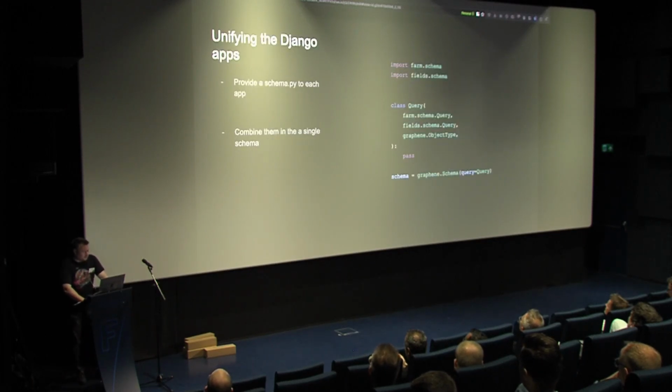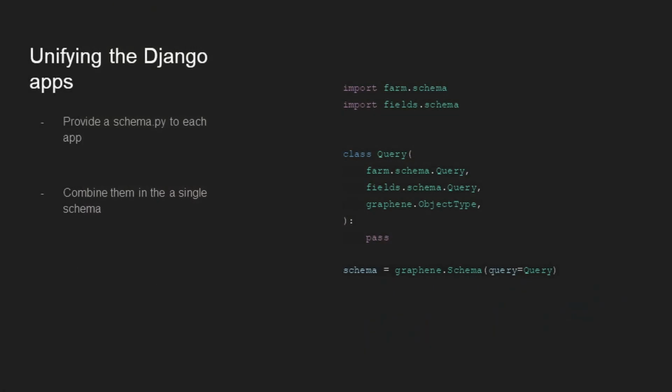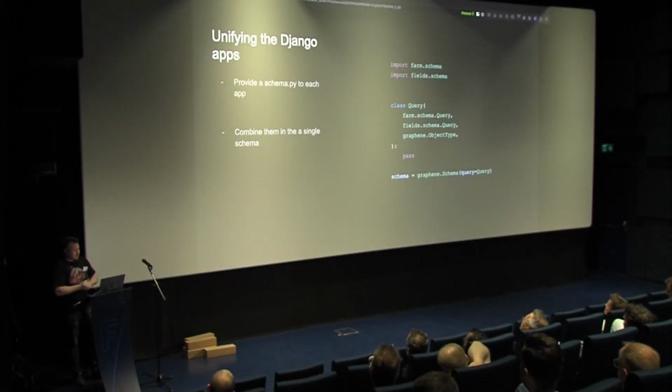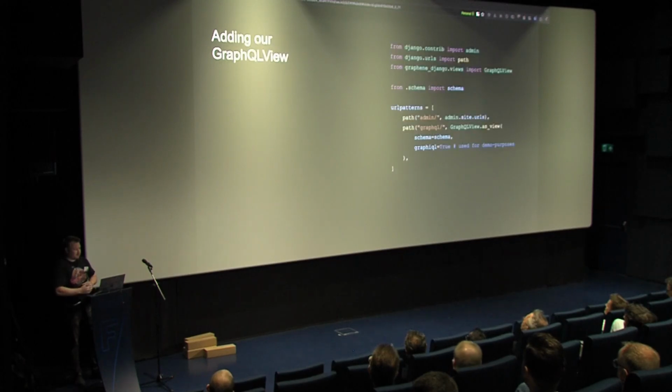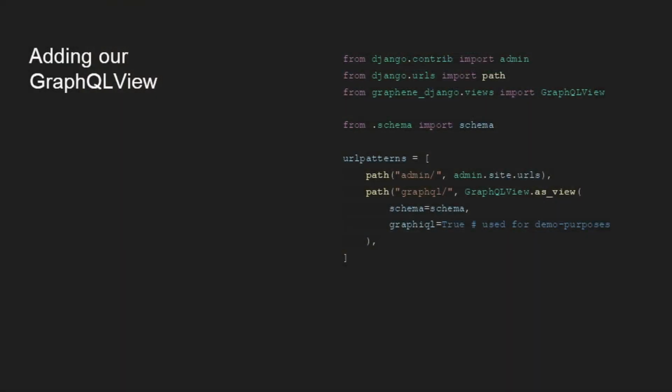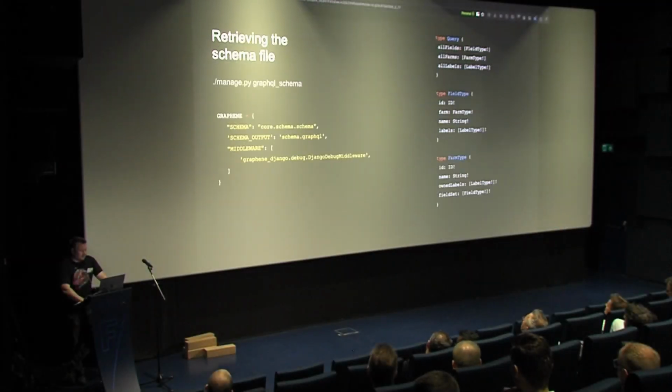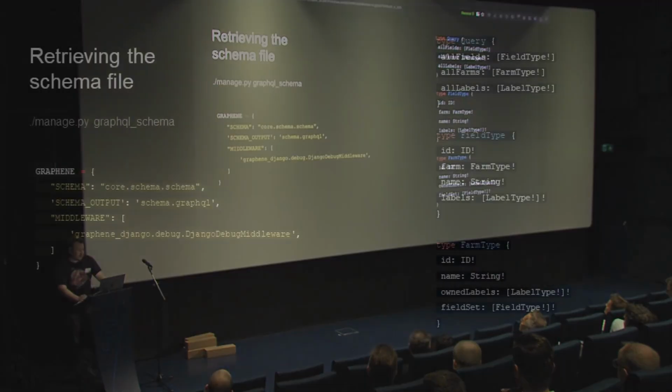Okay, let's see. So in the next step, after you define a query per Django app, basically you just combine those queries into another query, and that query will form the basis of your GraphQL view. It's pretty straightforward to start, but it will become way more complex later on. So now you have configured the schema.